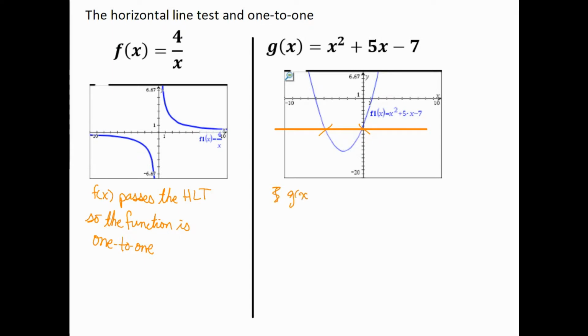We have g of x is not 1-to-1 because it does not pass the horizontal line test. And that's an abbreviation everyone's going to understand. So we know the function is not one-to-one, which means that the inverse of g of x does not exist. We can't find one.